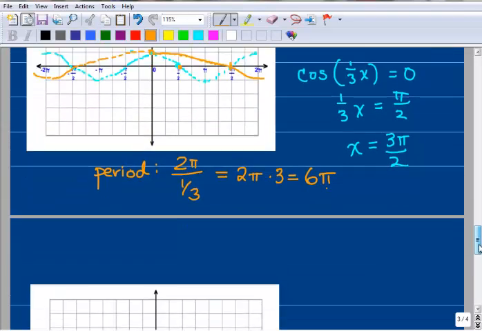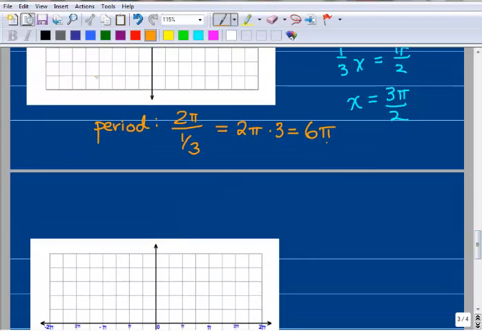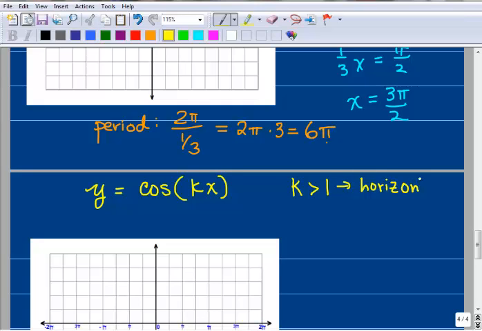And we can generically write the rule: when we look at y equals cosine or sine, it doesn't matter, of kx, if k is greater than 1, I'm going to have a horizontal compression by a factor of 1 over k.